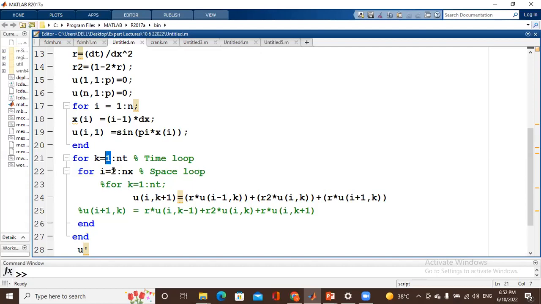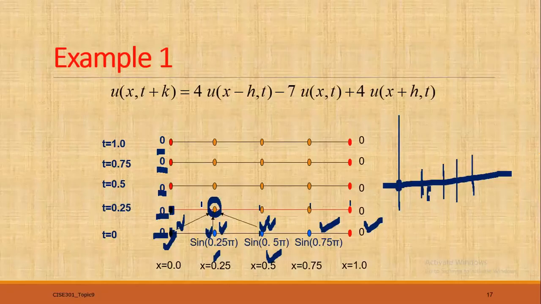We input here k equal to 1 and I equal to 2, we get u22. U22 means this point.